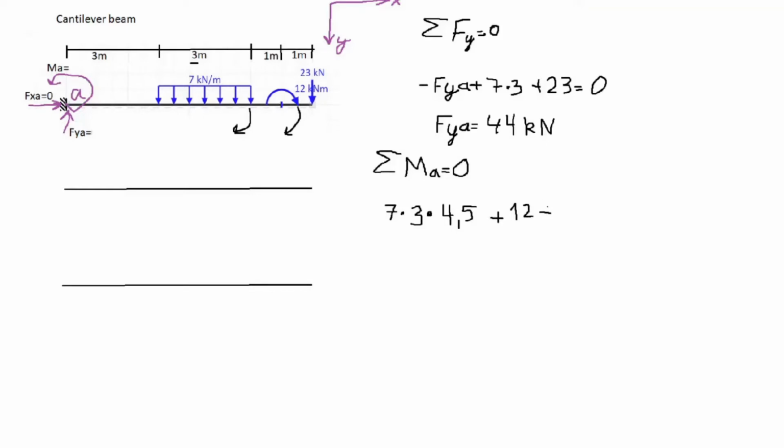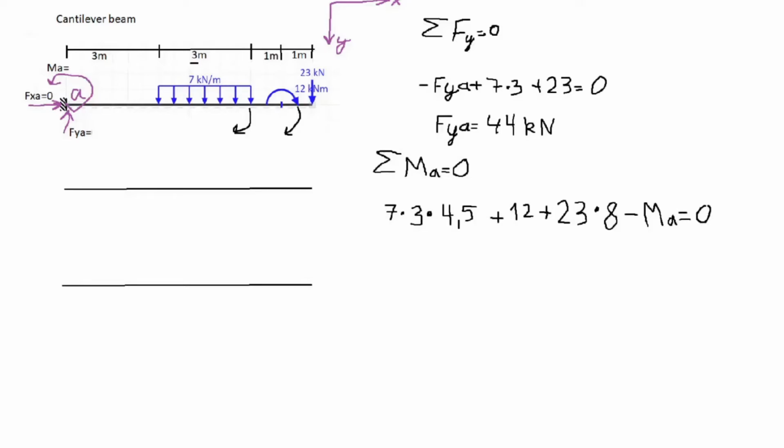Thirdly, we will have this third load, which is 23 kilonewtons times its moment arm, which is 8 meters. And finally, we will write our unknown, which will be a negative moment, because we have drawn it as counterclockwise. And this has to be equal to 0.